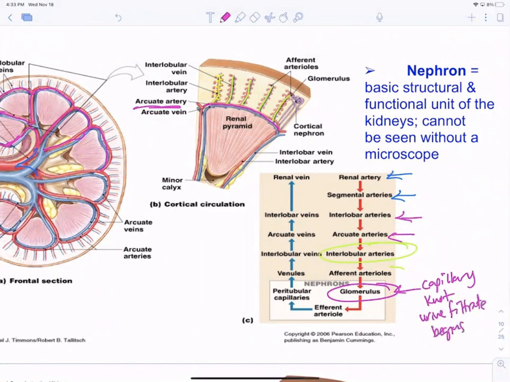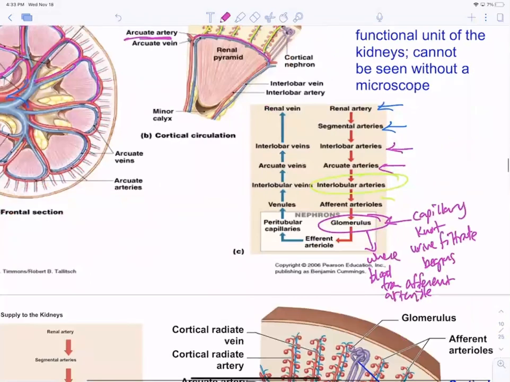So this is where, glomerulus is where blood from the afferent arteriole gets initially filtered.